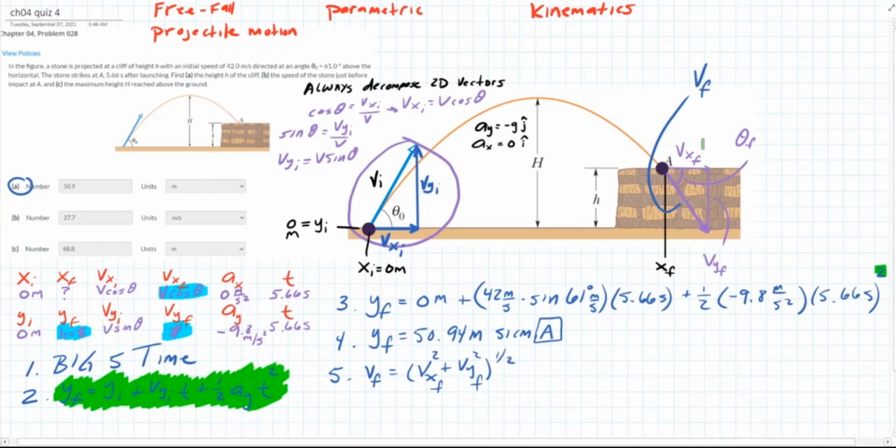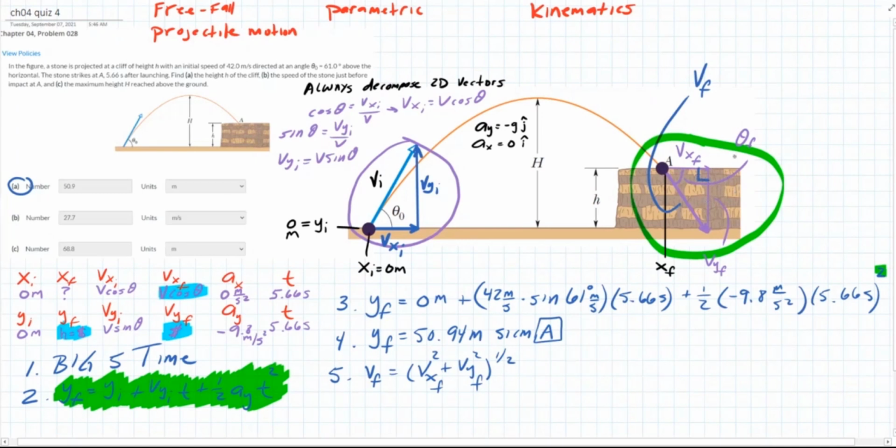So again, I'm circling this triangle. I know X and Y are perpendicular. That's why I can show this as a right angle. And because I have a right angle triangle, I get to use right angle trigonometry, which includes the Pythagorean theorem.